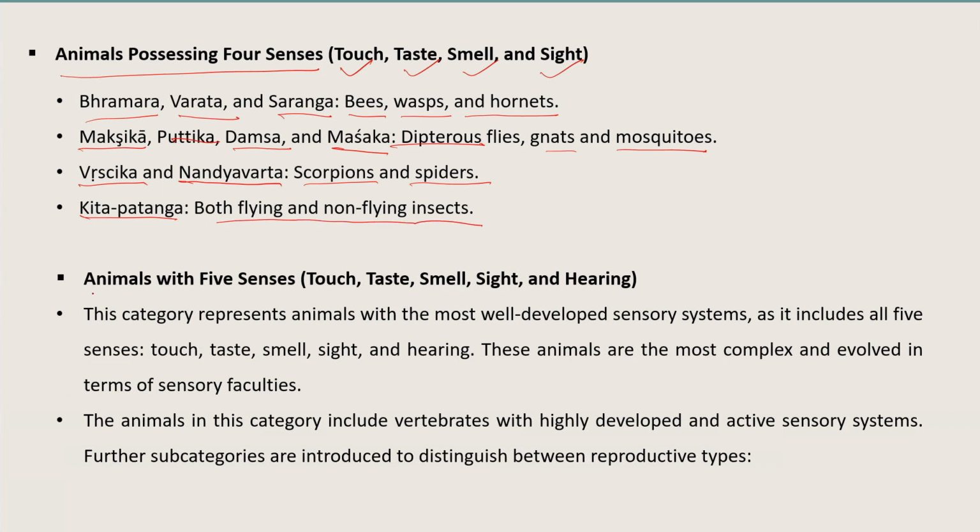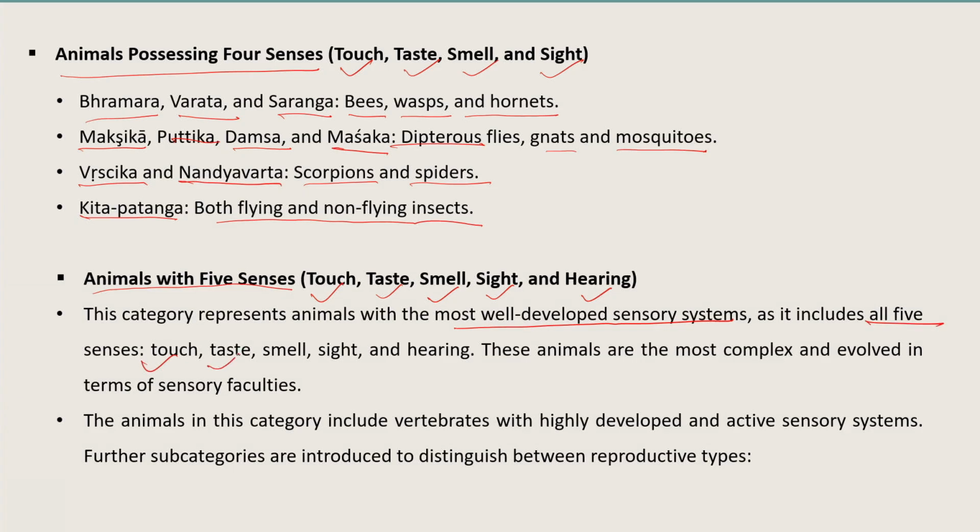And now animals with 5 senses: touch, taste, smell, sight and hearing. This category represents animals with the most well developed sensory system, as it includes all 5 senses.